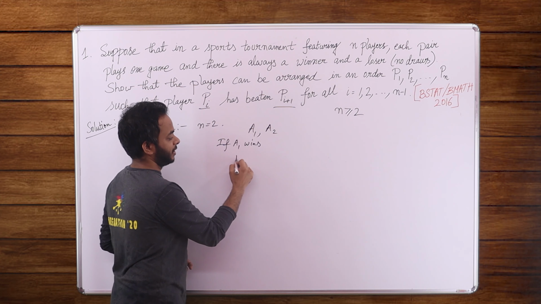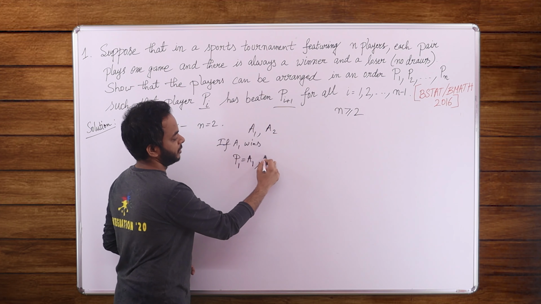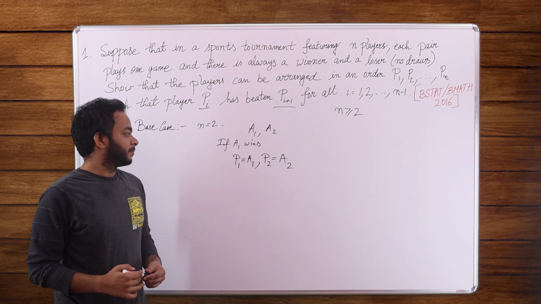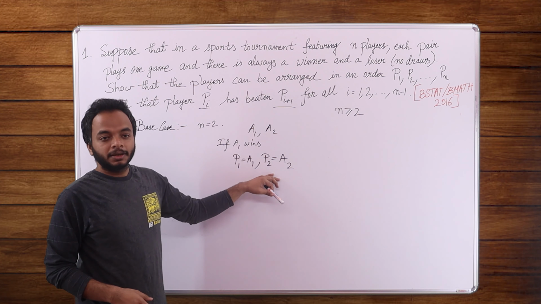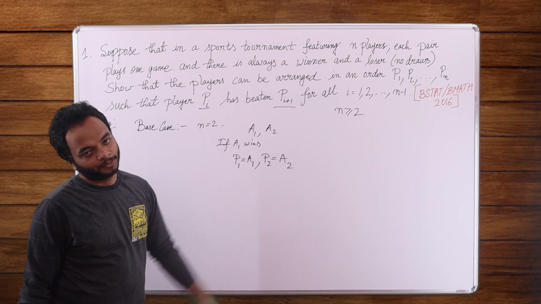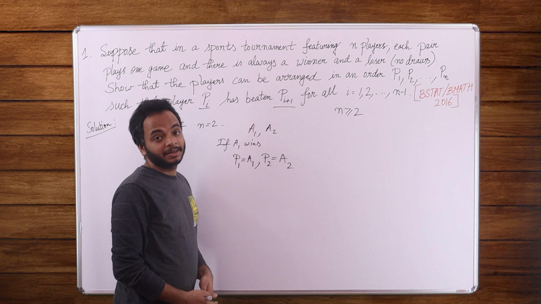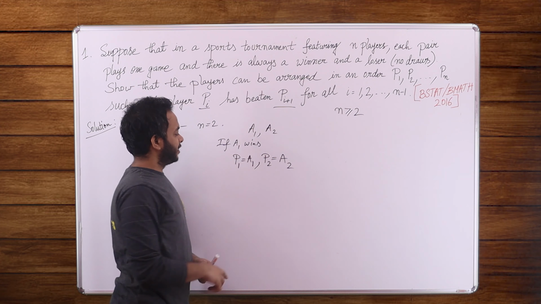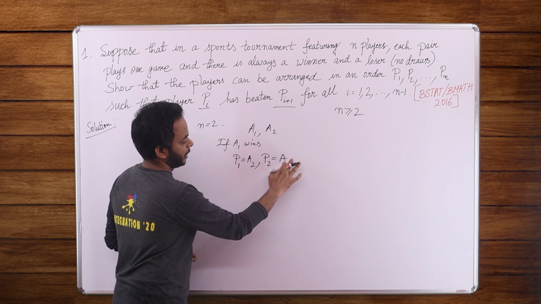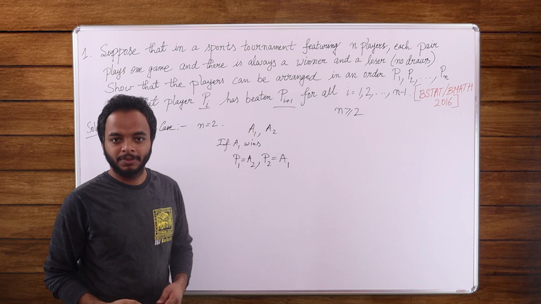So I'll take P1 as A1 and P2 as A2, because A1 has beaten A2. And if the other thing happens, that is A2 beats A1, then I'll just take P1 to be A2 and P2 to be A1, as simple as that.